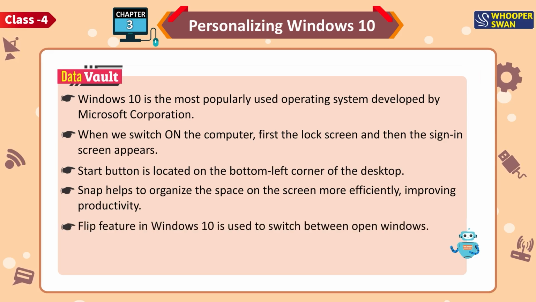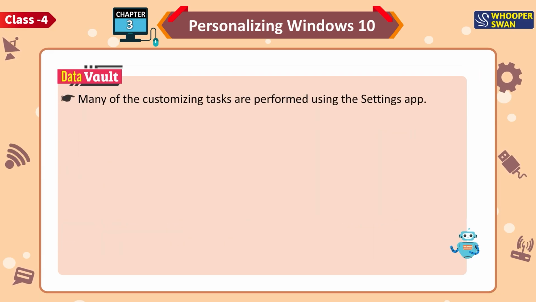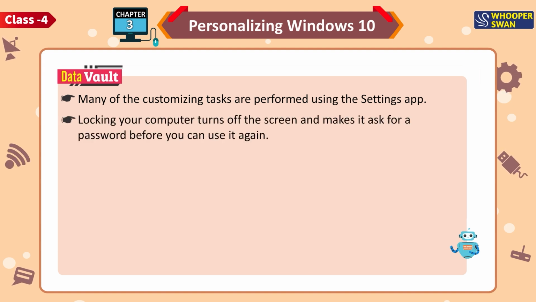Flip feature in Windows 10 is used to switch between open windows. We can rearrange and resize the tiles of Start menu. Many of the customizing tasks are performed using the Settings app. Locking your computer turns off the screen and makes it ask for a password before you can use it again.